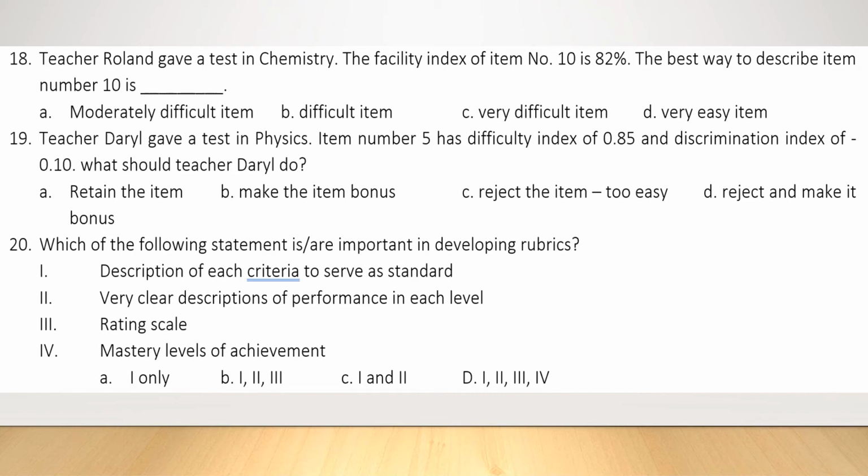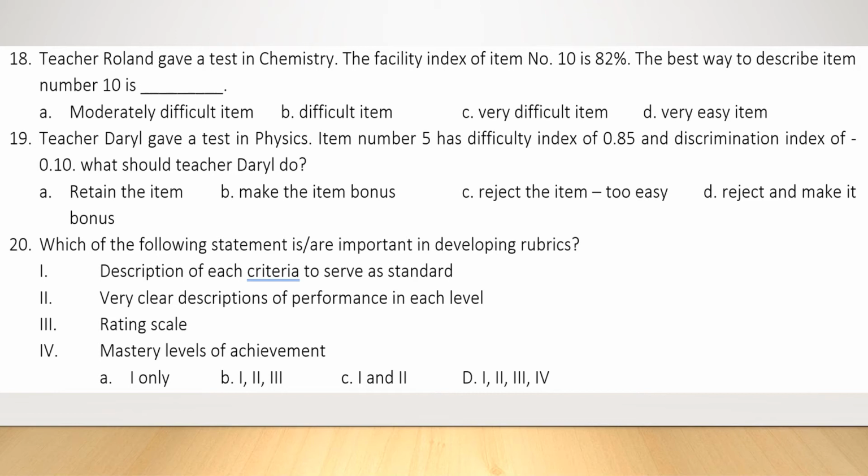Facility index, this refers to how facilitative a particular test item is. Meaning, unsa siya ka dali sagutan, dali siya ansiran. So, na-figure diri 82% daw ang facility index sa item number 10. So, this means to say that 82% of the test takers got the correct answer for item number 10.